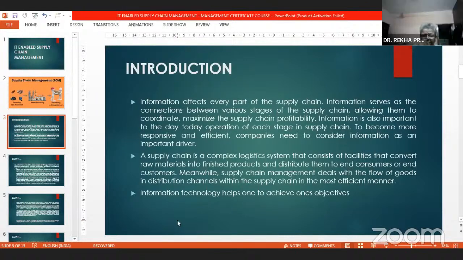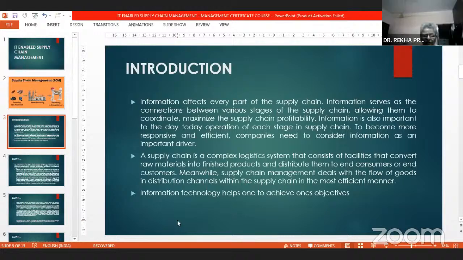Meanwhile, customers. Sorry, there's a difference between customers and consumers. Yes. Meanwhile, supply chain management deals with the flow of goods in distribution channels within the supply chain in the most efficient manner. Information technologies help one to achieve one's objectives.